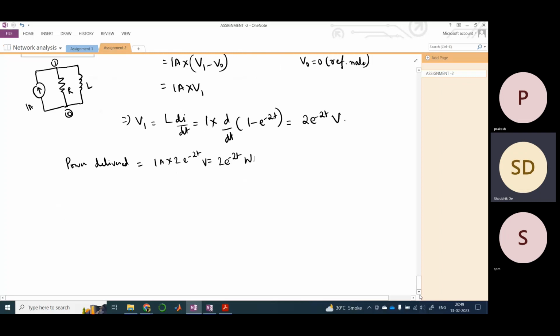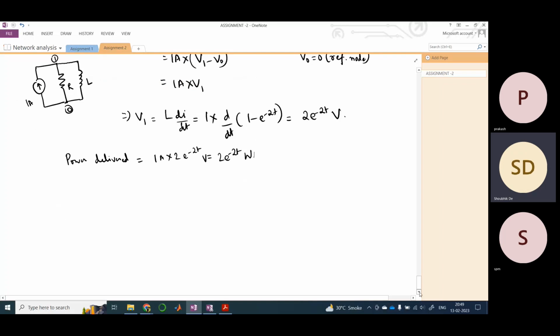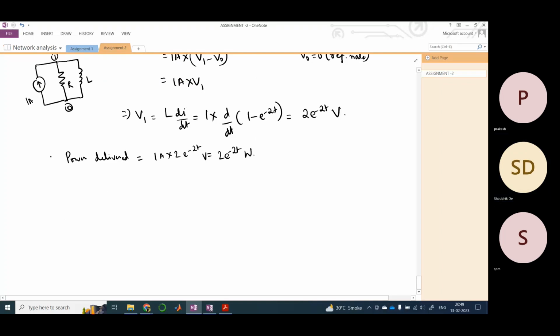Now, what is the energy? Because they have told us to find out the total energy. So total energy would be my power integrated over time, because it is basically the multiplication of power with time. So that is what gives us the energy in joule.